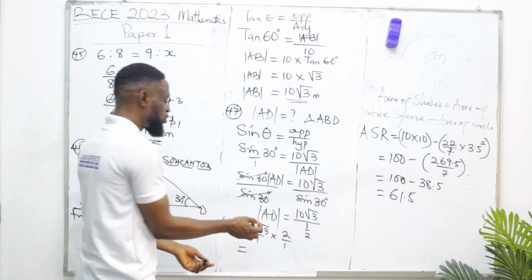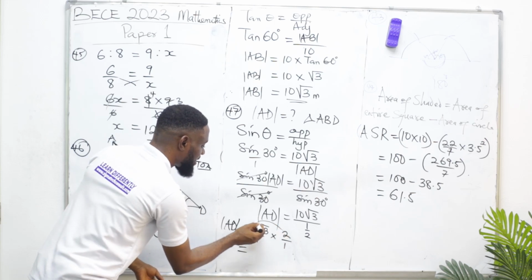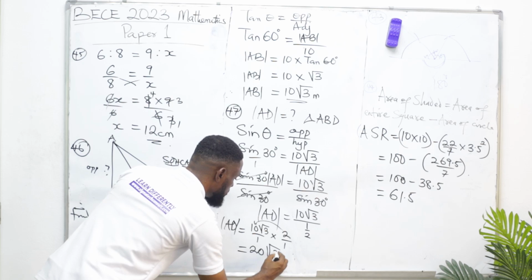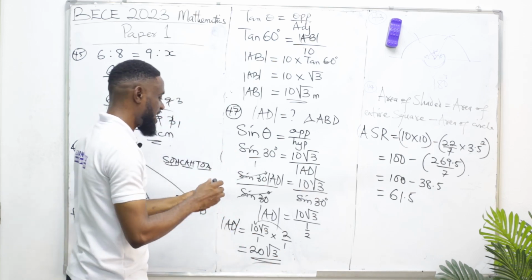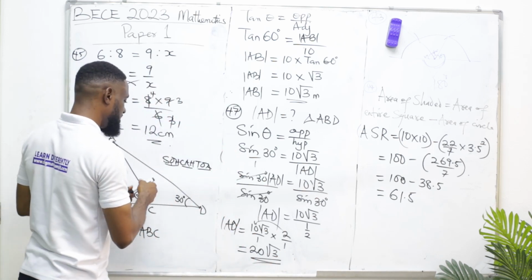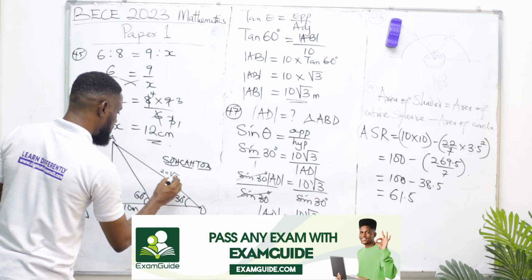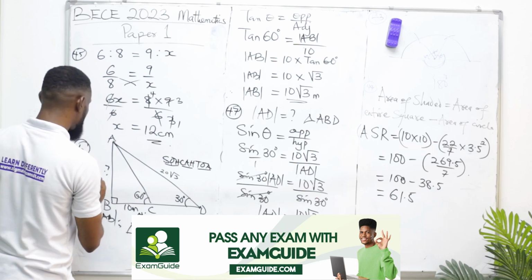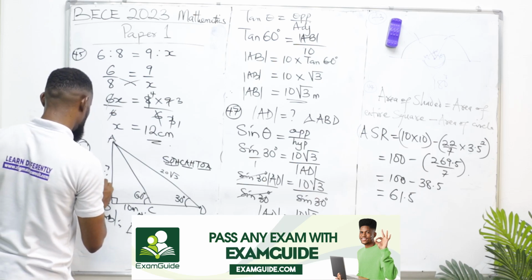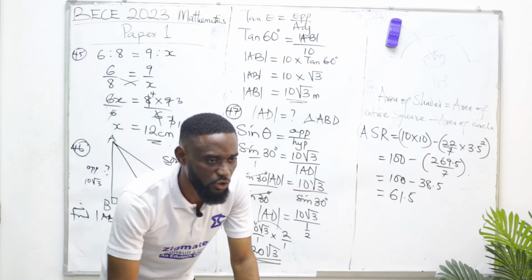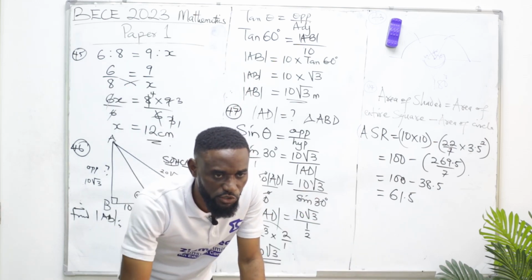So 2 multiplies 10 to give us 20. This root 3 will still be there. So this is the answer. AD is 20 root 3, which is option B, the correct option there.